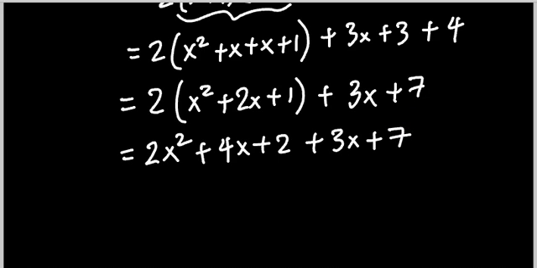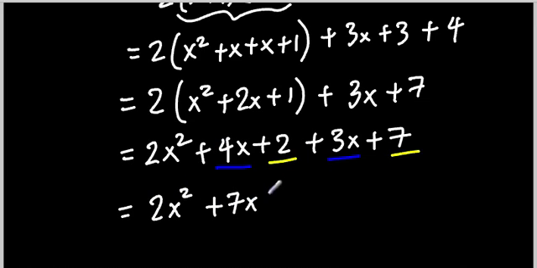Now, let's just combine the like terms. So x squared, well, there's no other x squared, but I definitely see a 4x over here. And I definitely see a constant here, which is 2, and another 7 over there. So we're going to add those terms up. So let me do that. So it's 2x squared, 4x plus 3x, that's plus 7x. And then 2 plus 7, that's 9.